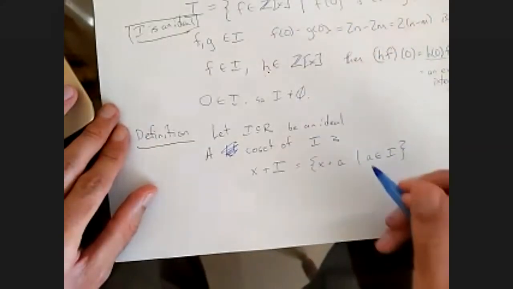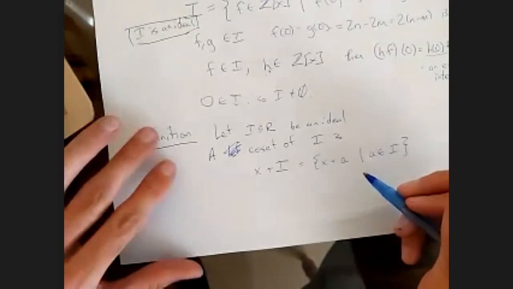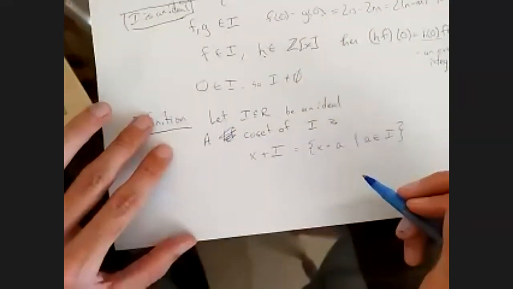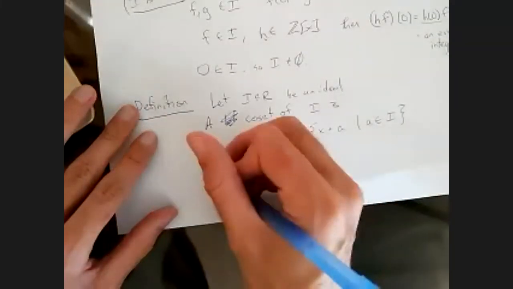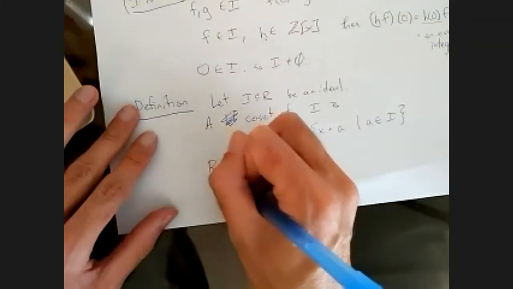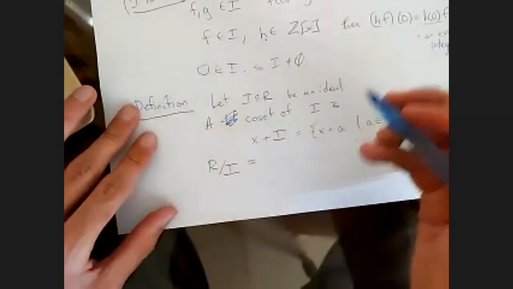Take all the elements of the ideal and add x to everything. And then R mod I is the set of all the cosets.